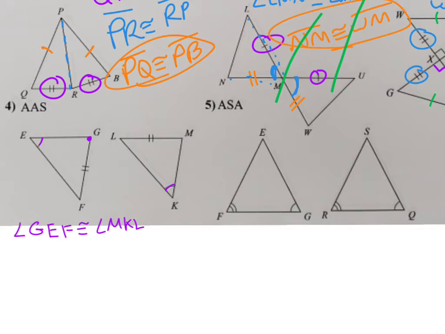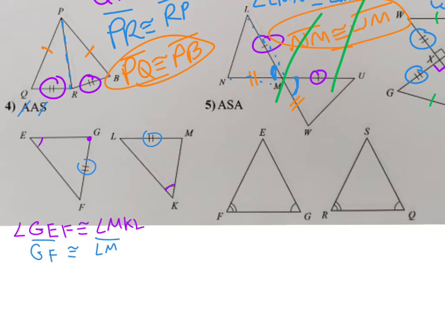Now I also know these sides are congruent. So I have an angle, I have a side, because I have GF is congruent to LM.